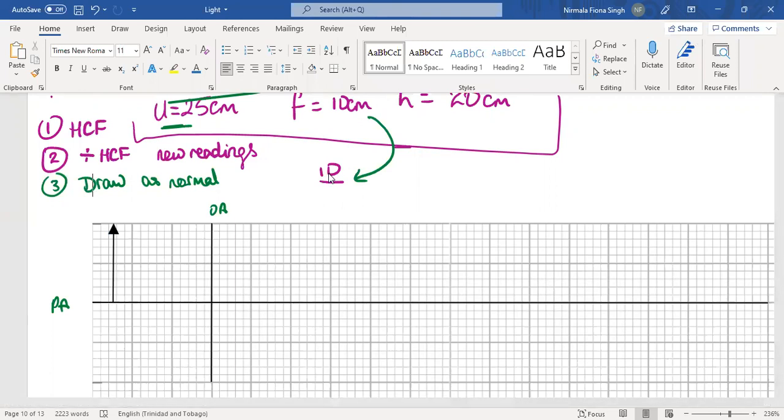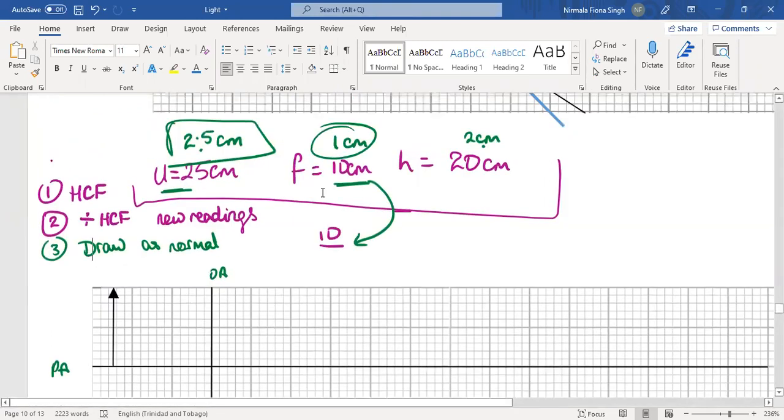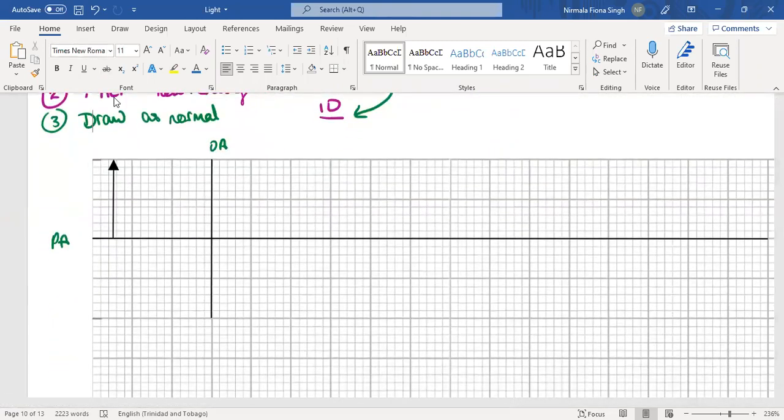I know that my principal focus is 10 centimeters, or when you use your scale, it's 1 centimeter on your drawing. So where is my principal focus going to be here? This is my first principal focus on the front of the lens, and my second principal focus at the back of the lens. And we know that our optical center is where our 2 axes meet. We can make our drawing now.